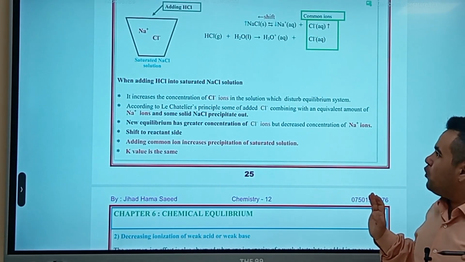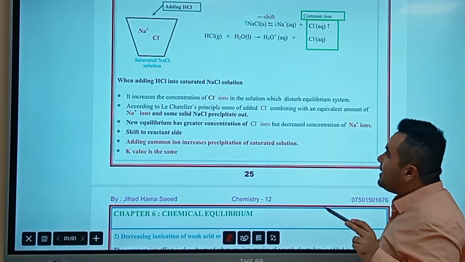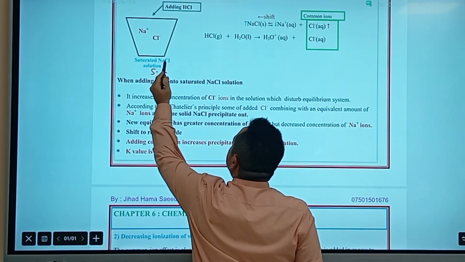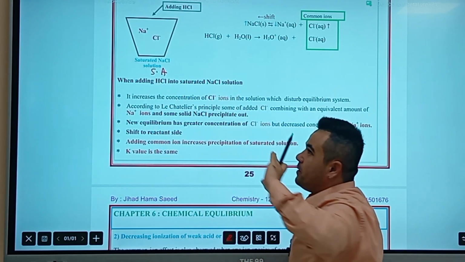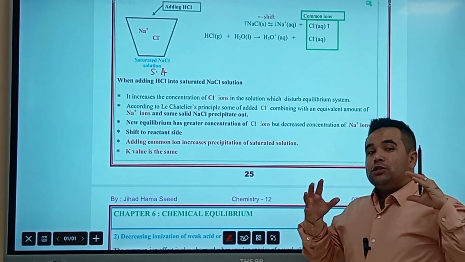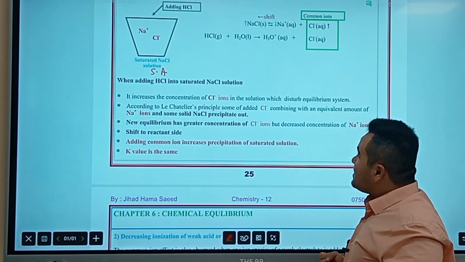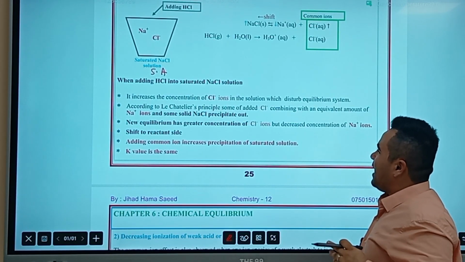This is true for the strong bases as well, guys. So whenever we add, in general, a strong acid, what will happen to the salt of that strong acid? A strong acid with a salt that has a common ion with that acid.